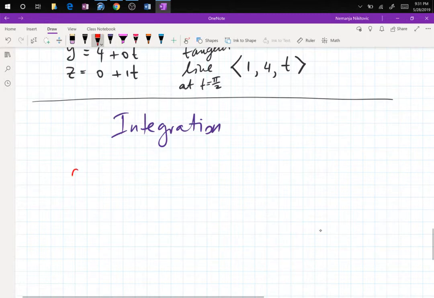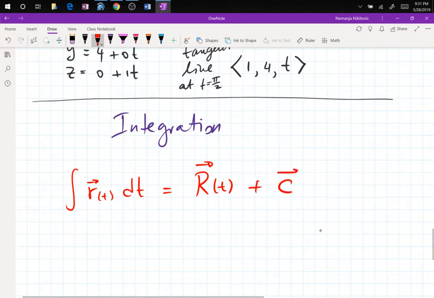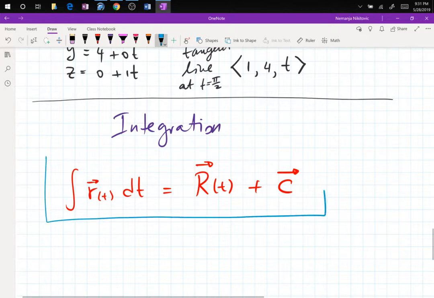If I need to integrate my vector r of t dt, I will get the antiderivative plus the vector of all constants. Those of you who took Calc 1, Calc 2 with me know that I always say it's either plus c or minus 1.